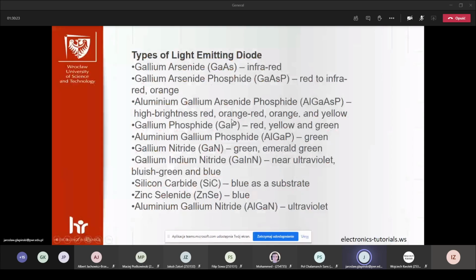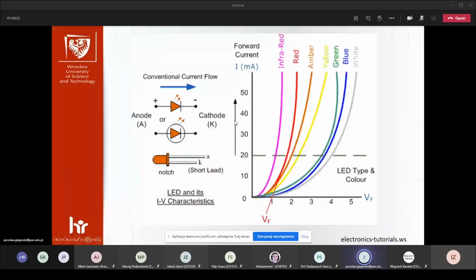So as we can see, if we use different diodes, the forward voltage is lower for the infrared and higher for the blue and white diodes. Why is the white diode in this position? Because in many solutions, the white doesn't come from the diode itself.